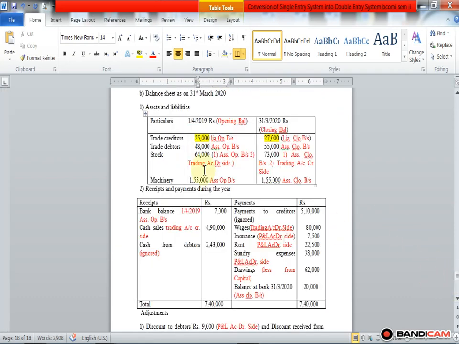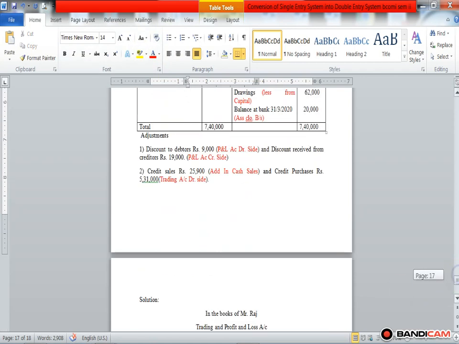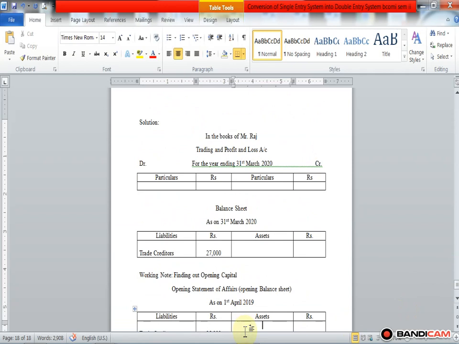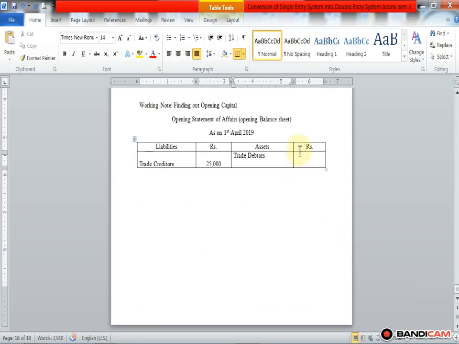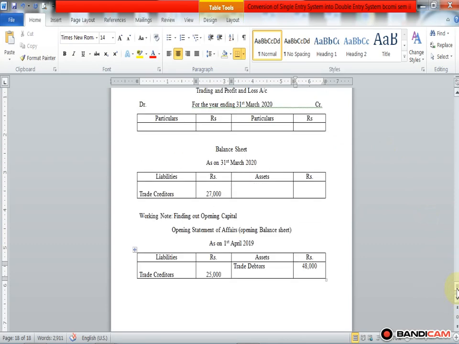Then read the second item, that is trade debtors. The opening balance is posted to the opening balance sheet, asset side. Trade debtors amounted to rupees 48,000. We transfer the opening balance to opening assets.